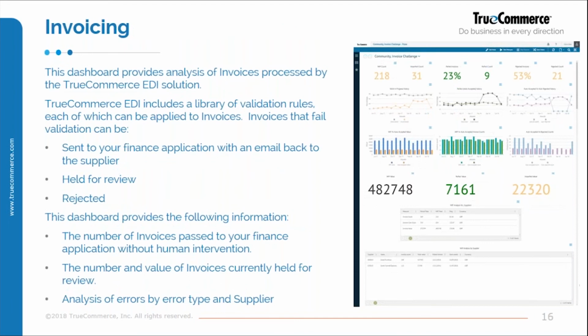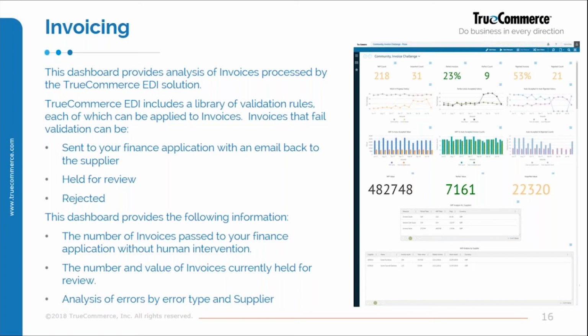The TrueCommerce EDI solution processes a substantial number of supplier invoices each and every day. The nature of an invoice transaction means that TrueCommerce can perform a number of validation checks that aim to ensure the invoice is in a format acceptable by the customer before it's received.